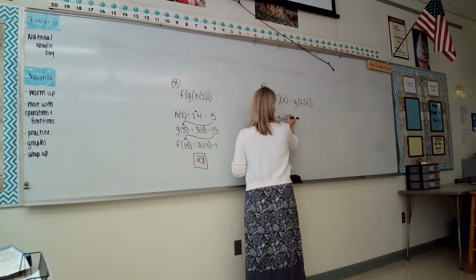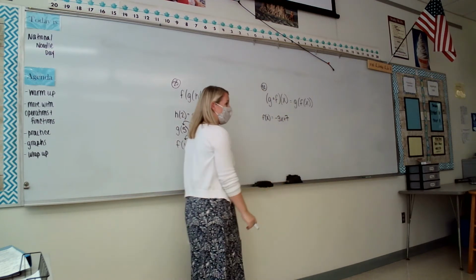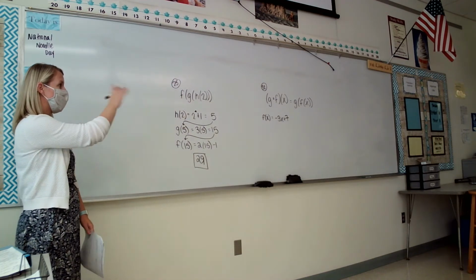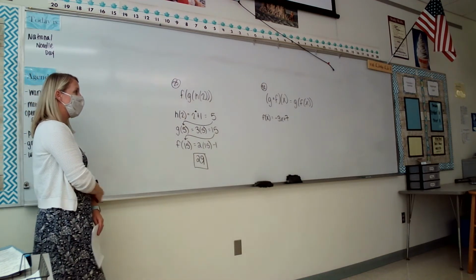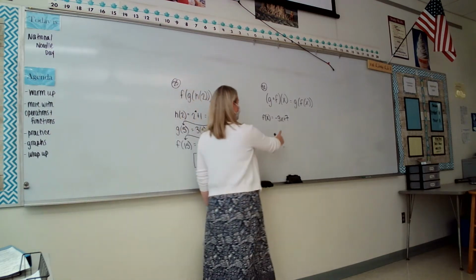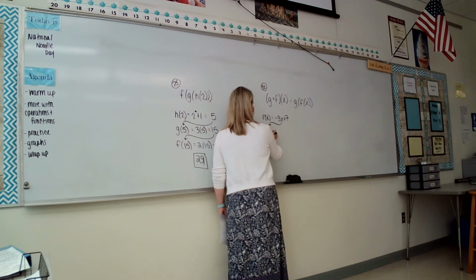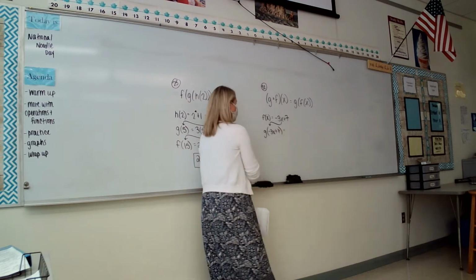Not even a lot of work involved, I'm just looking it up. Now that's my output, so this is gonna be plugged into the g function. In the g function, I'm gonna use negative 3x plus 7 as my input.